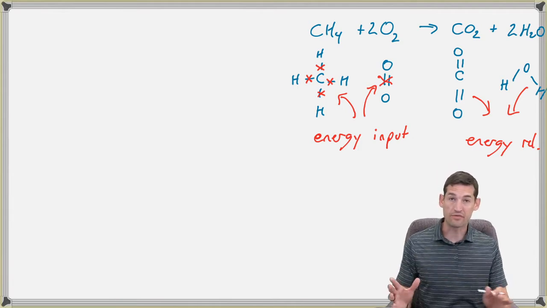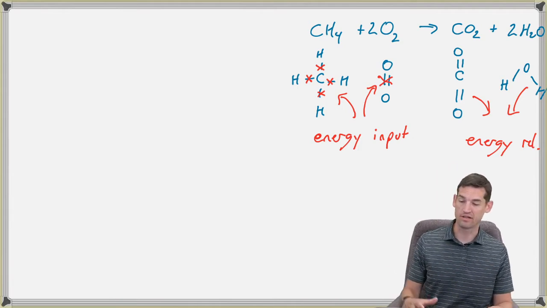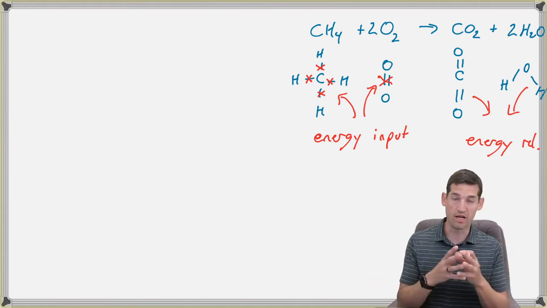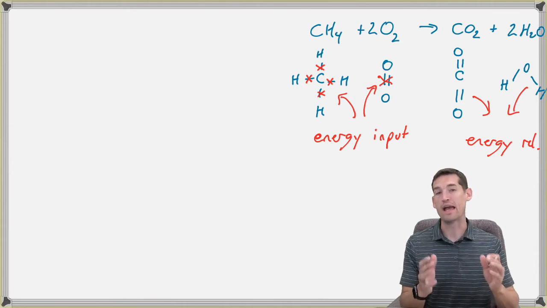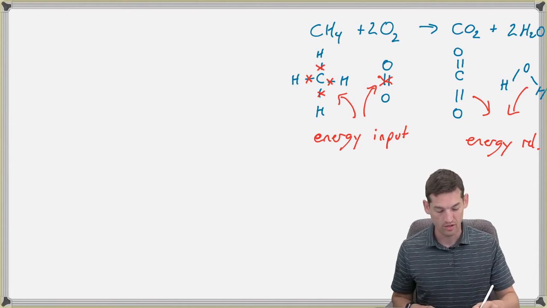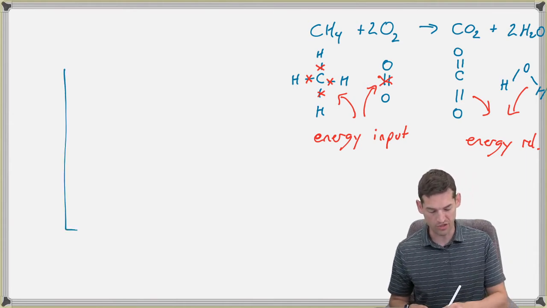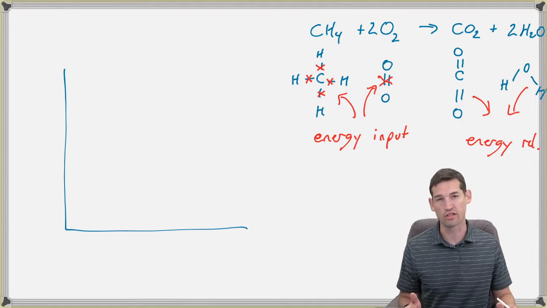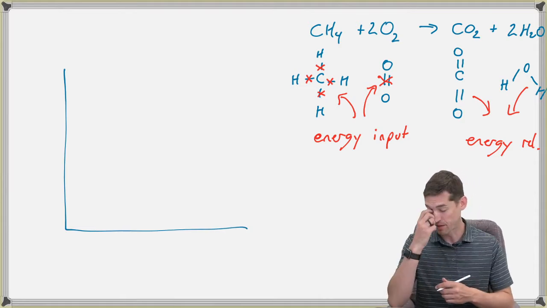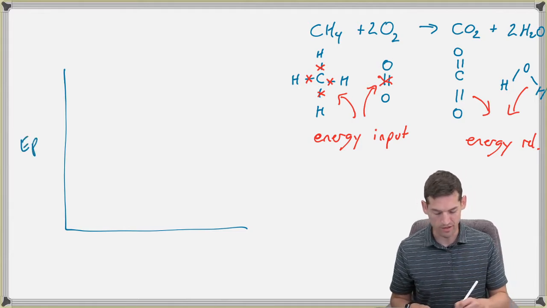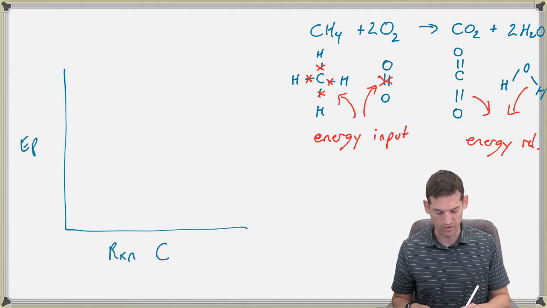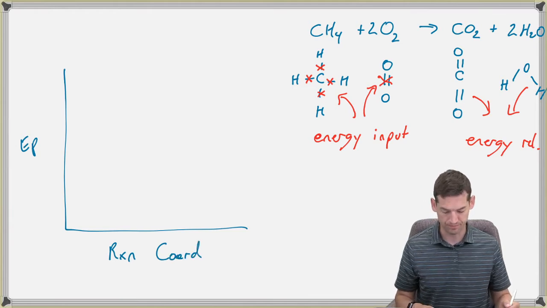So in every chemical reaction, anytime that X plus Y combine to form something, there's going to be an energy input and an energy release, which means that our potential energy diagrams that we drew earlier in the semester or in this unit were actually probably oversimplified. So remember, we had energy potential, we had our reaction coordinate.